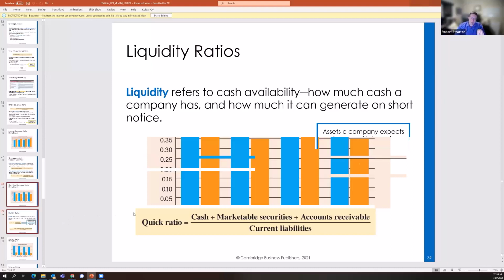And then the quick ratio is even more narrowed. It's not all current assets, it's your cash plus marketable securities plus accounts receivable. So this is the quick stuff, the stuff that can be liquidated really quickly, over your current liabilities. And of course, the higher, the better here.